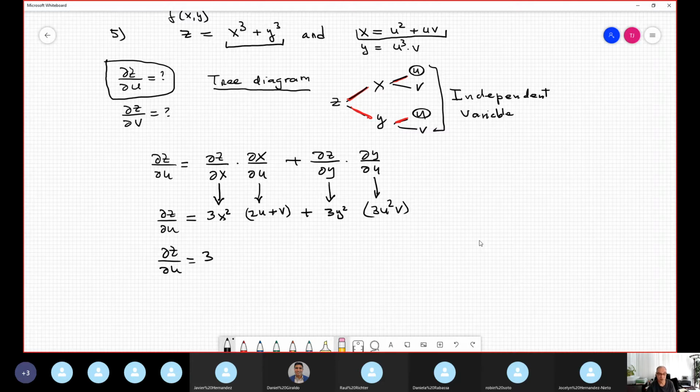It is this expression. If you copy, u squared plus uv squared, multiplied by 2u plus v. Likewise 3y squared, 3, this is a monomial, and this is u to the 6 v squared. I take this expression, multiplied by 3u squared v.